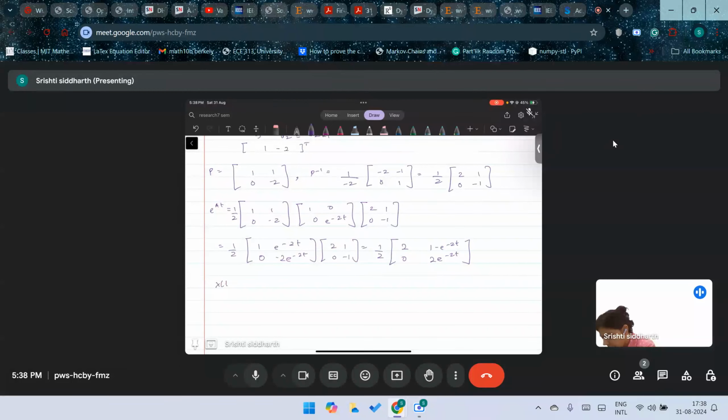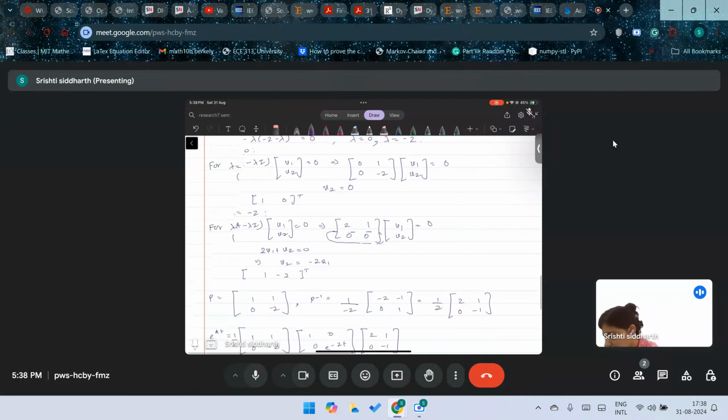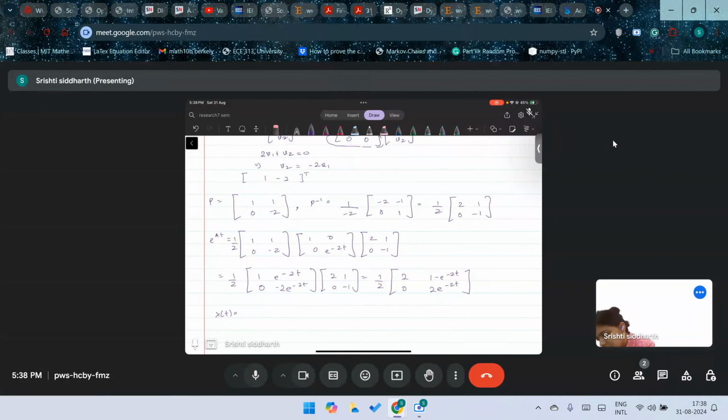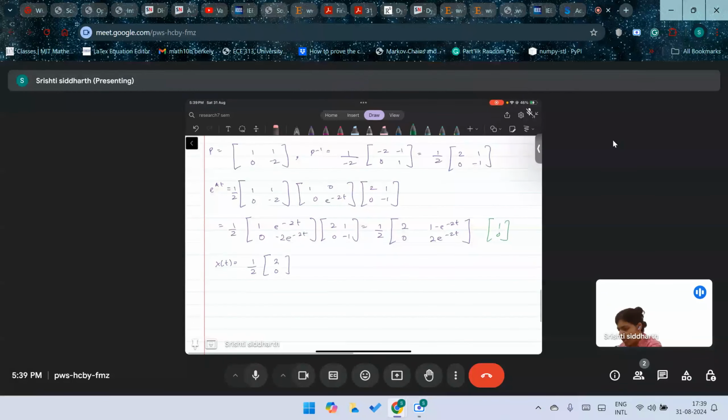So what's the solution at any time t? We have the initial conditions already, that is 1, 0. So this is simply the first column. So let's see, this times 1, 0. Yeah, so this is a constant, 1, 0.